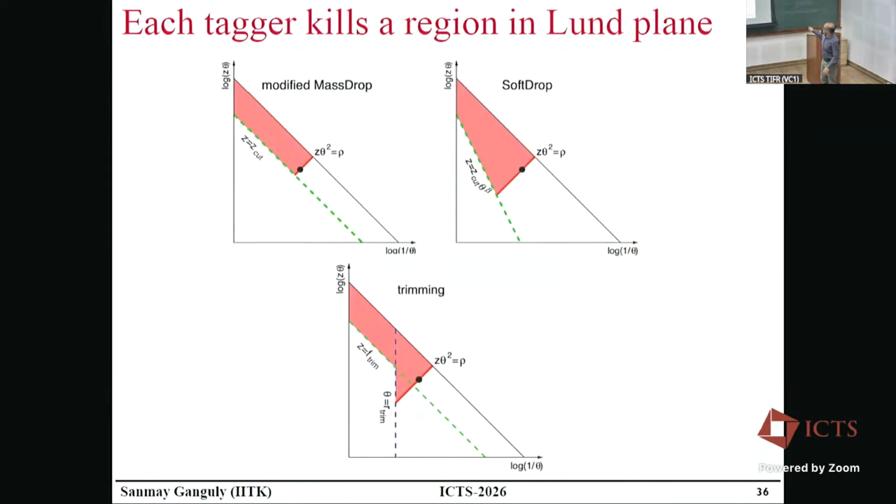Whenever we have an algorithm, what it does is restrict our emissions to a particular region of the Lund plane. This is a slightly modified definition, with the y-axis being log of z theta, which is proportional to kT. The jet mass appears as a straight line in this diagram, so it helps us constrain the phase space of emissions. Each tagger or jet substructure algorithm is essentially picking a region in the Lund plane.